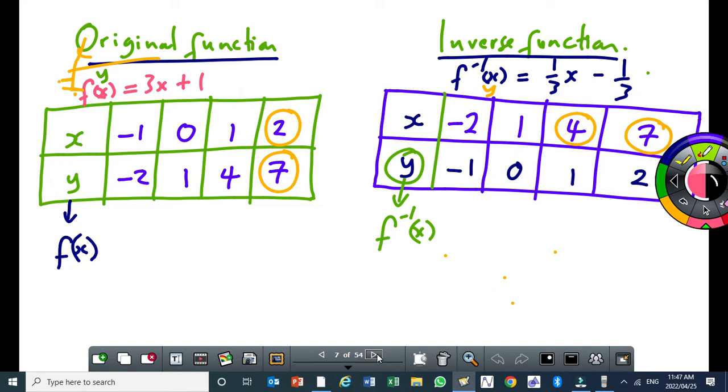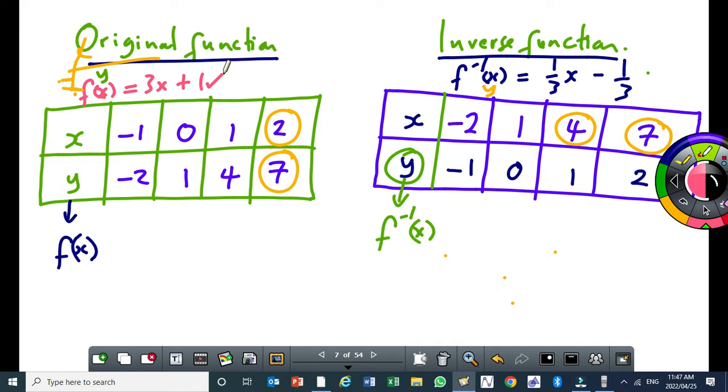So I chose 4 values of x. The 4 that I chose for the original are x is -1, 0, 1, 2. So if you substitute those values into the equation, you get y equal to -2. Yes? Do you get the tables and the values?